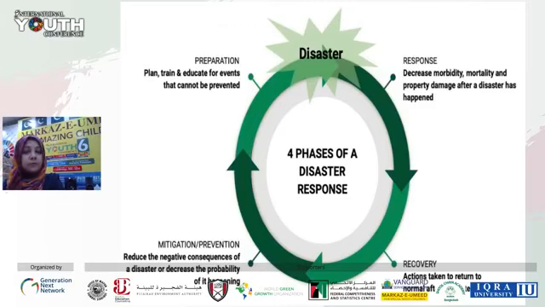Then we have mitigation or prevention, which means reducing the negative consequences of a disaster or reducing the probability of it happening. After the disaster phase, we have to respond properly, decreasing morbidity, mortality, and property damage after a disaster has happened. Then we have the recovery or rehabilitation phase, the actions taken to return to normal life after any disaster situation.